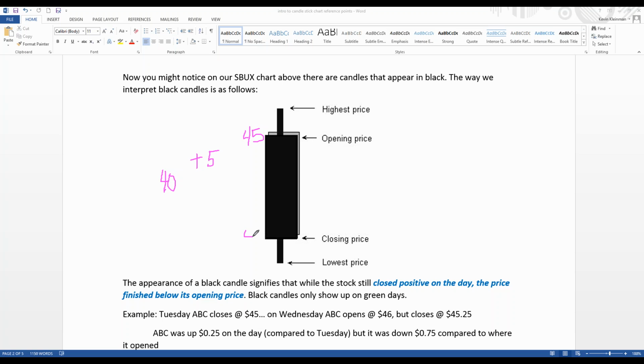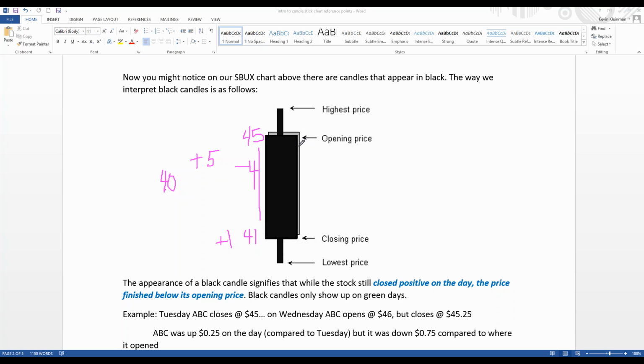Well, what if the stock closes at 41 down here? You're going to get a black candle and now you're only up 1 point, and you actually dropped 4 points on the day between this body. So that changes our psychological interpretation. At least it changes my psychological interpretation, because now you say, all right, well, what was a great day actually felt more like a selling day.